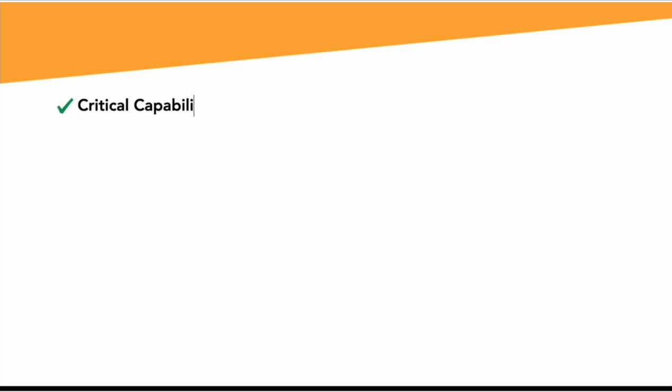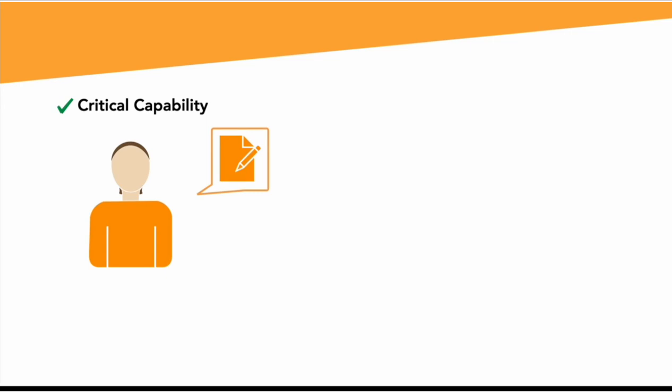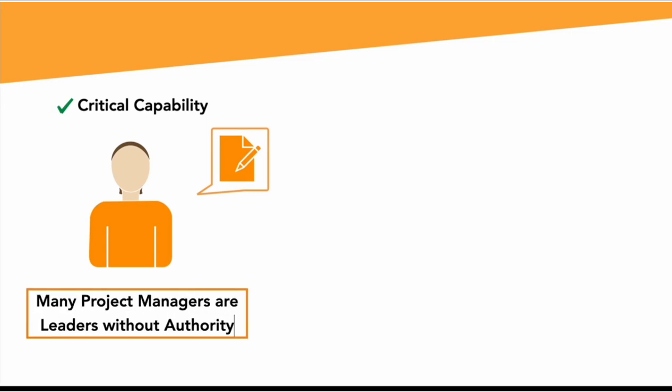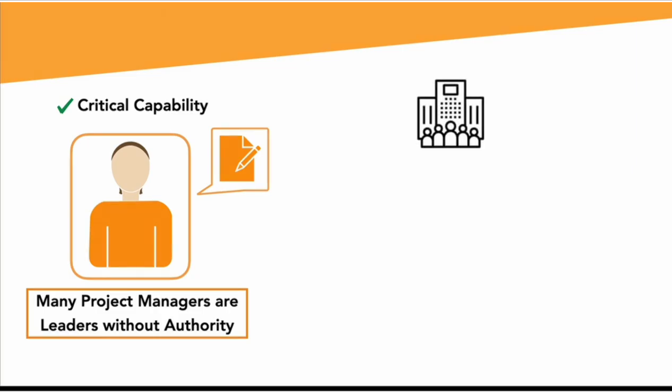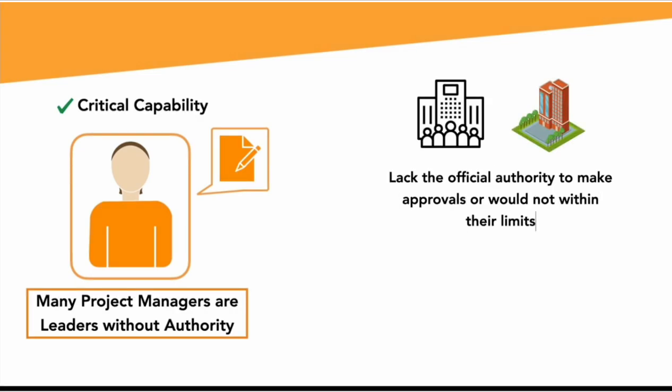This is a critical capability of a project manager, to be able to document, because many project managers are leaders without authority, meaning accidental project managers are asked to manage the project within enterprises and organizations, but they lack the official authority to make approvals or would not be within their approval limits.